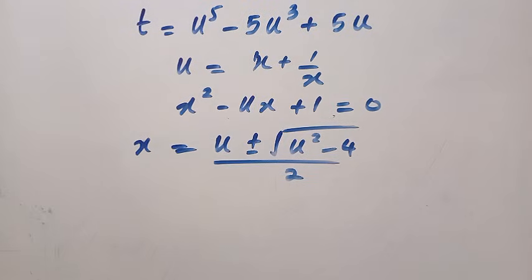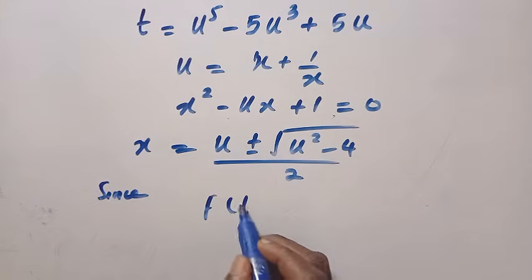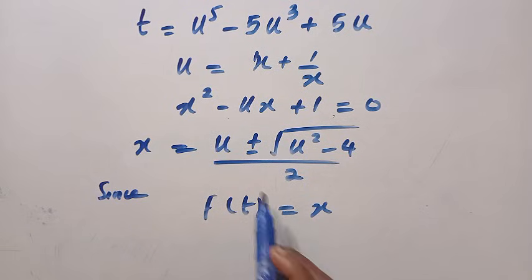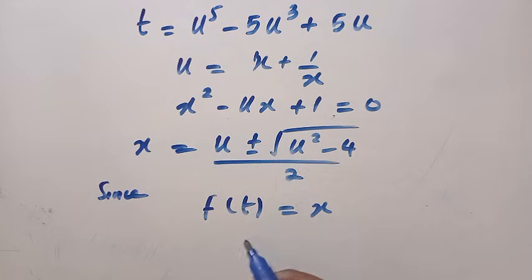And again, since what we have from the beginning is f of t equals x, because we have already replaced the whole of the domain with t, we can have f of t equals x. And we have t here equals u power 5 minus 5u raised to power 3 plus 5u. So t of u is a degree of 5 in u, and it's not simply expressed in radical form from t.